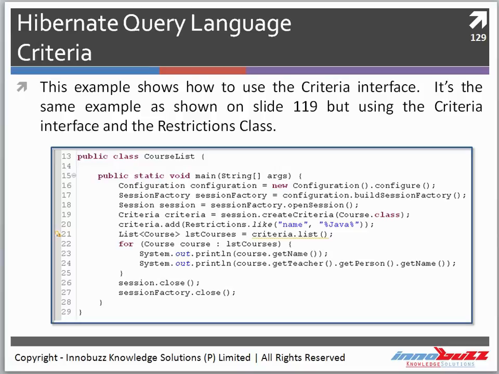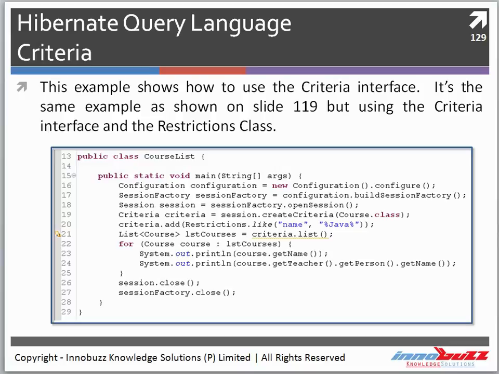Notice that we have to mention the class from which the criteria will be constructed. Then, a new restriction is being defined on line 20. Notice that we're using the like method of the Restrictions class which takes two parameters, the name of the attribute to be used for a comparison and the value. Then a list is being returned.